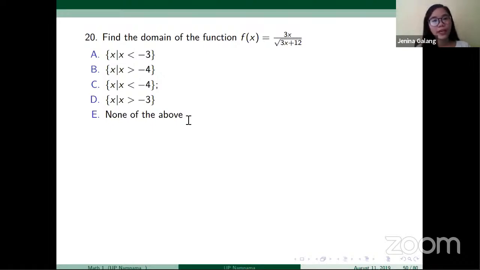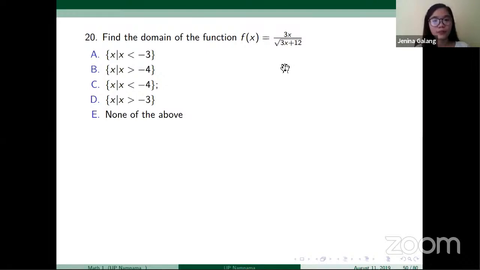Find the domain of the function f of x equals 3x over the square root of 3x plus 12. So domain natin dito is dapat yung denominator is not equal to 0.